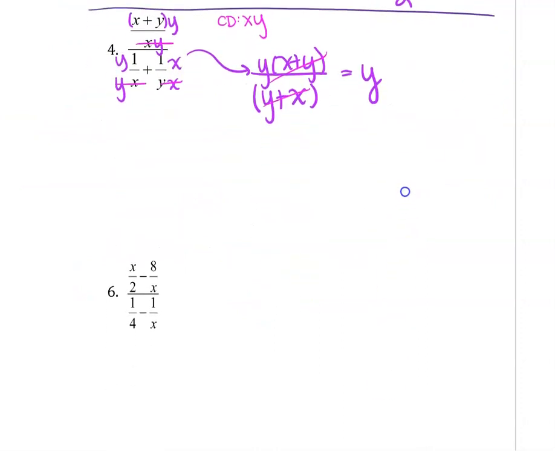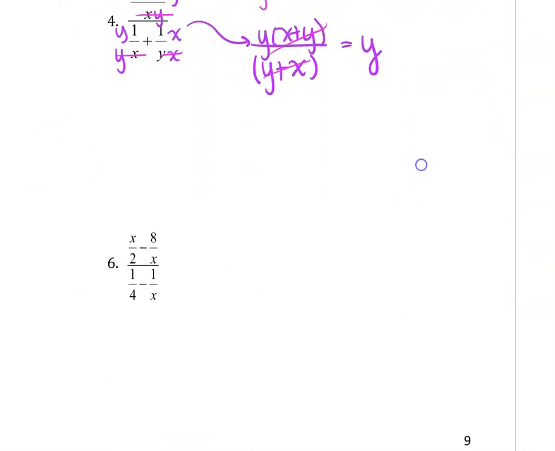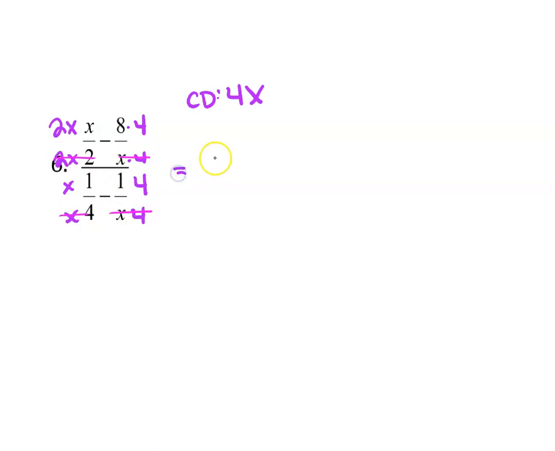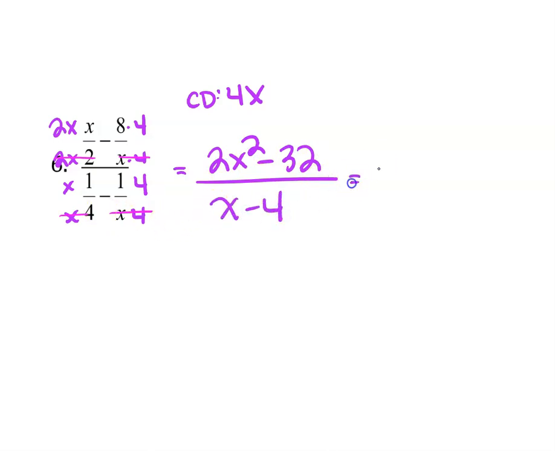I think I can probably do one more. Let's do one more. Okay, so just going down the row here, number 6. Okay, so common denominator among all of those, I would say, is a 4x. So that means he needs a 4, he needs a 2x, he needs an x, and he needs a 4. Once I know I would have the common denominators the same, I have 2x squared minus 32 all over x minus 4.